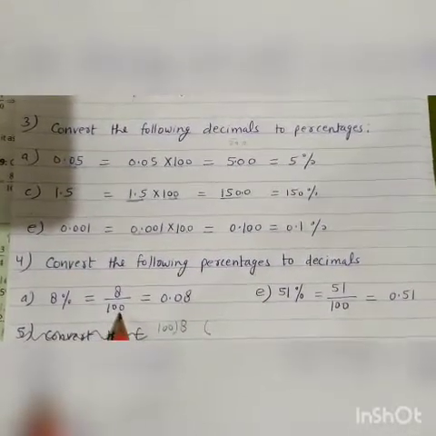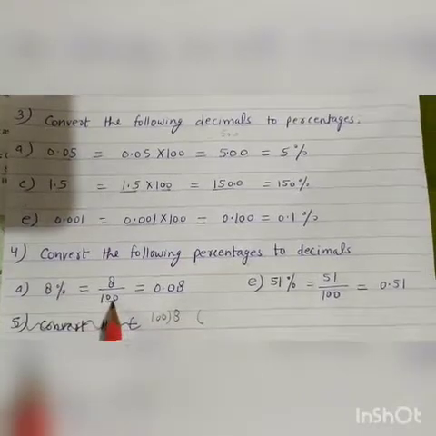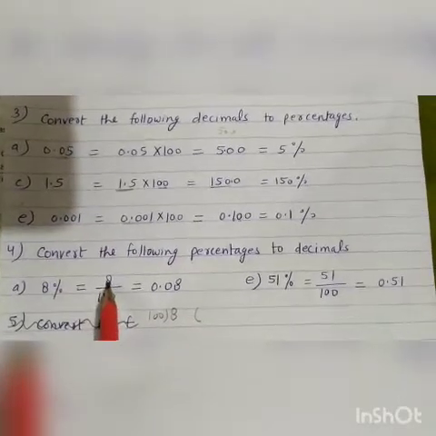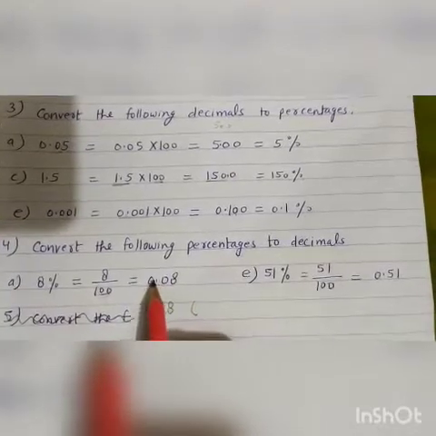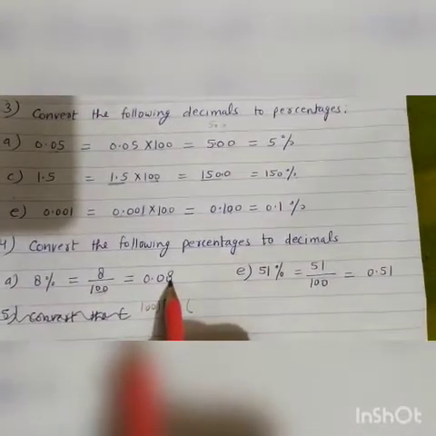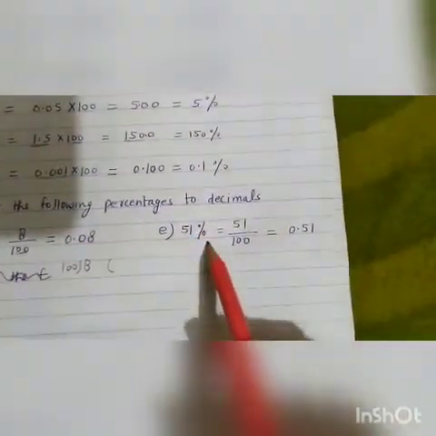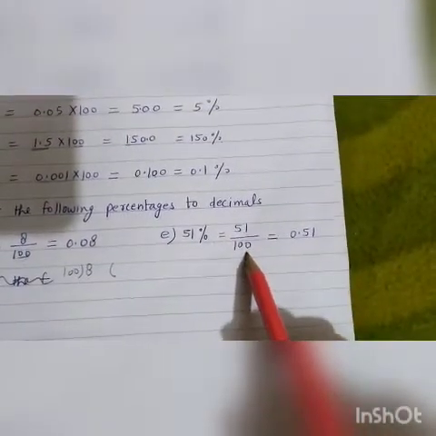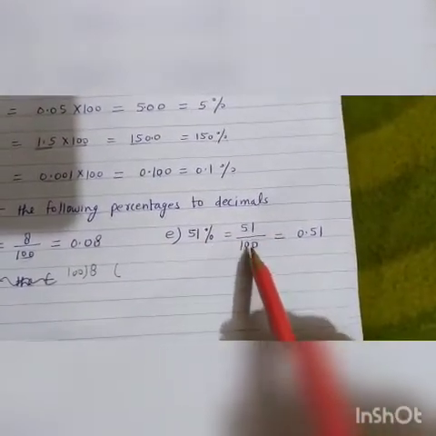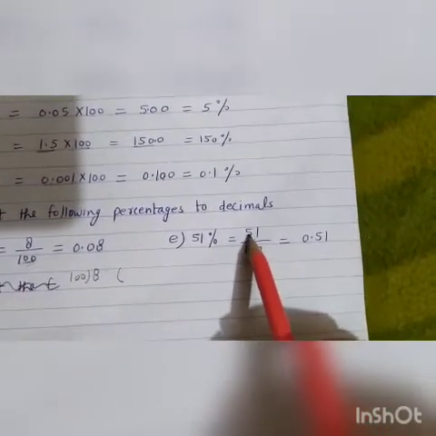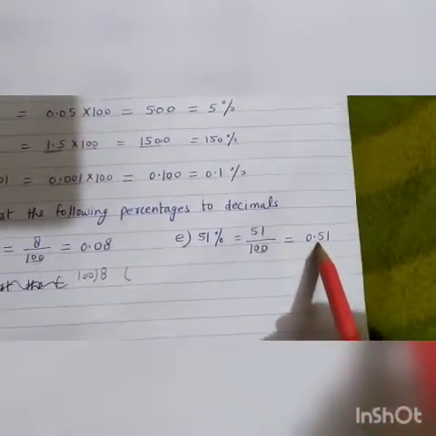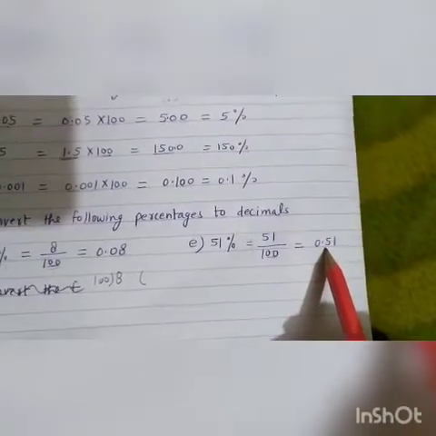So we will use the same pattern. When there are 2 zeros, we put the decimal before 2 digits, 1 2, then 0.08. Now E part is 51%. It can be written as 51 upon 100. Again there are 2 zeros, so we put the decimal before 2 digits. It will become 0.51.